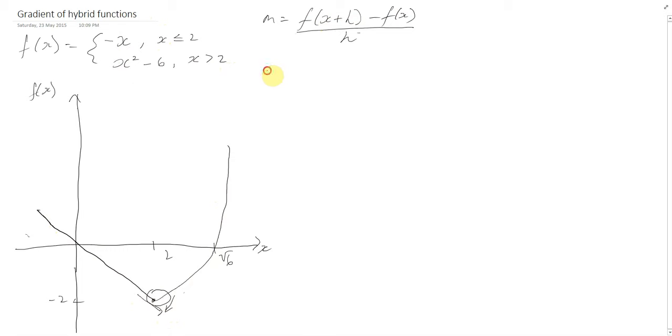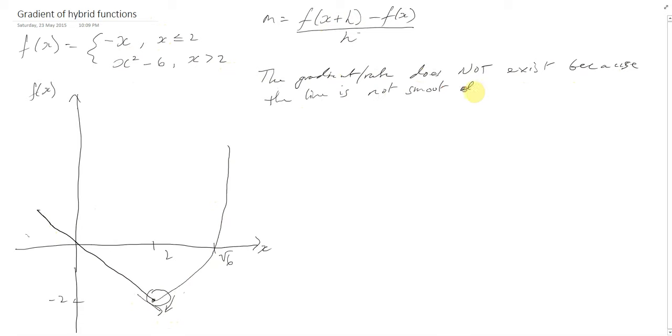So let's make this statement. The gradient, or the rate, doesn't exist, because the line is not smooth at x equals 2.